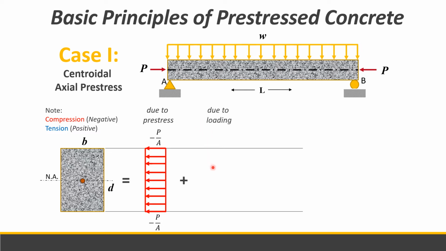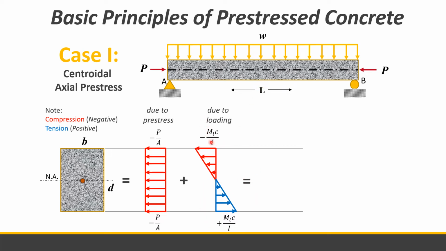Now, due to loading, what stress will be created? The stress created is the bending stress, due to the moment. The beam will curve downward. At the top fiber, we have compression, and at the bottom fiber we have tension.